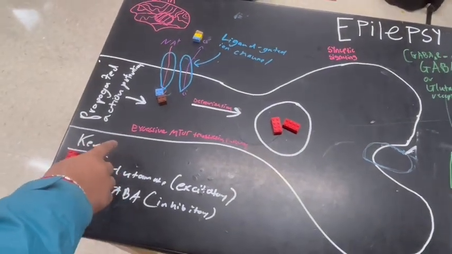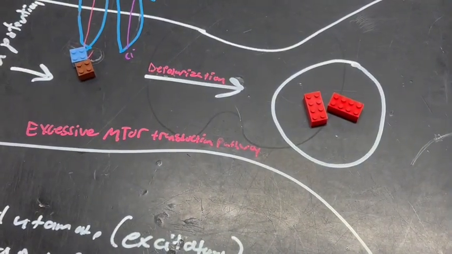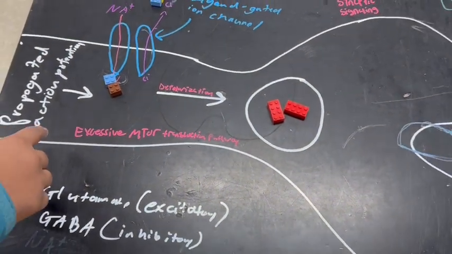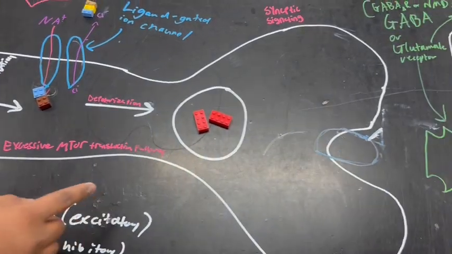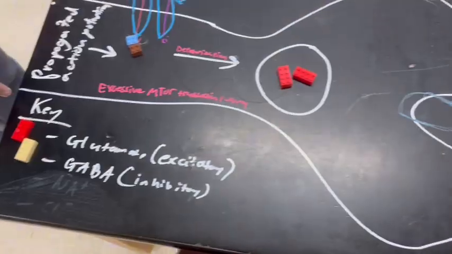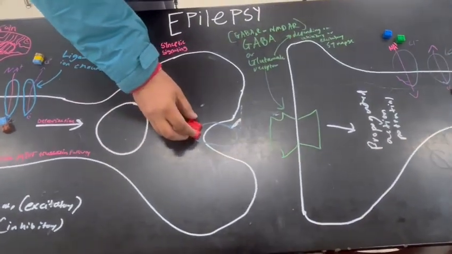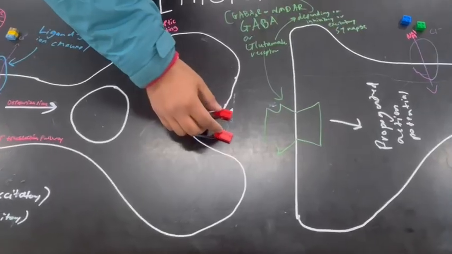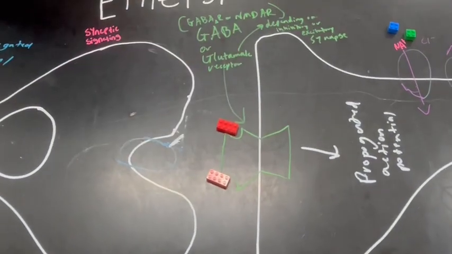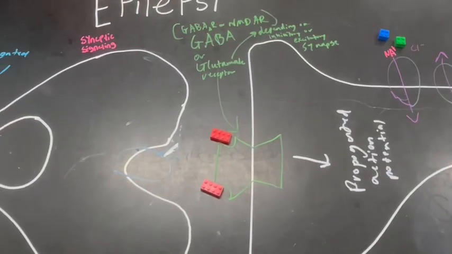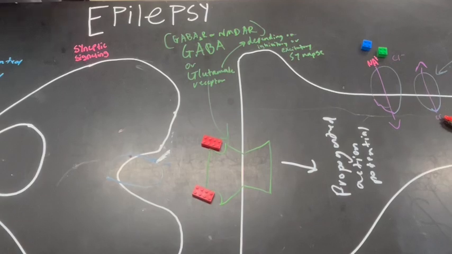This causes a depolarization or an ion gradient, which goes down the excessive mTOR transduction pathway and releases glutamate, an excitatory molecule, to the end of the neuron and outside of the neuron to a glutamate receptor, or specifically it is called NMDAR.